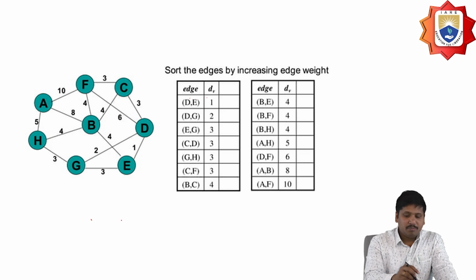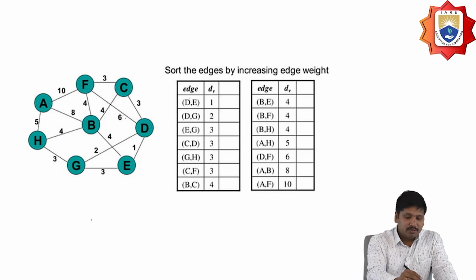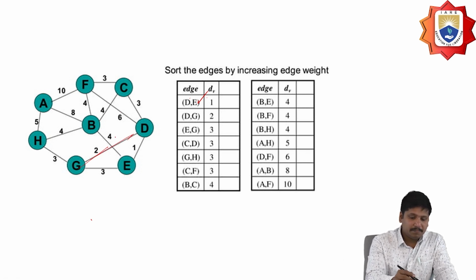So from that, what is the first minimum? 1, so that's DE, and next minimum 2 is there among these two, so I'm going to consider DG, and next minimum is EG.